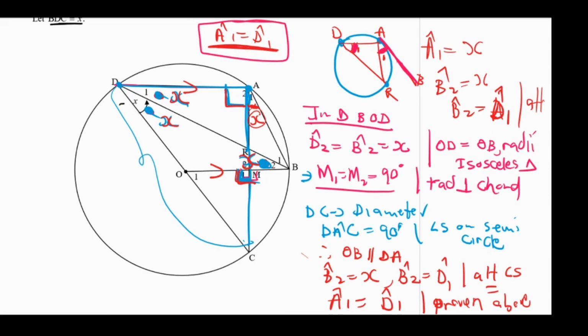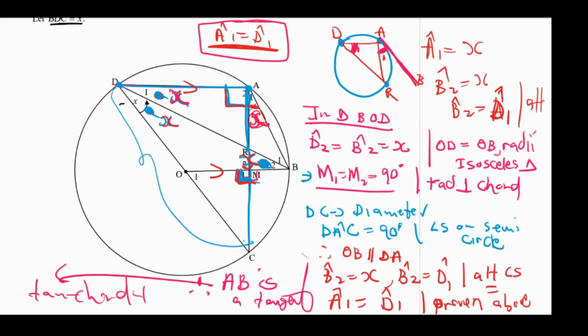But we just proved that they're equal without using the tan chord theorem. So therefore, AB is a tangent. So you have to write a reason for this. You have to write tan chord theorem.